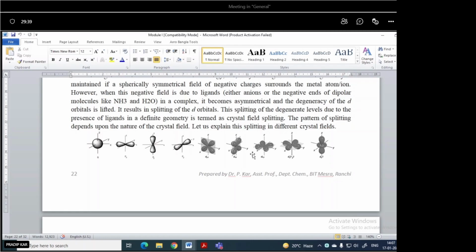So the lobes which are not present along the axis interact more than the other lobes which are present on the axis. Means the dyz, dxy and dxz should have the strong interaction, and the other 2 will have less interaction.